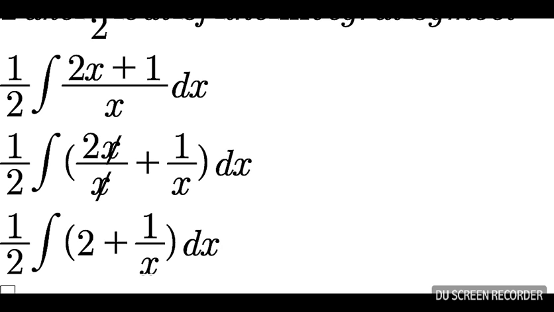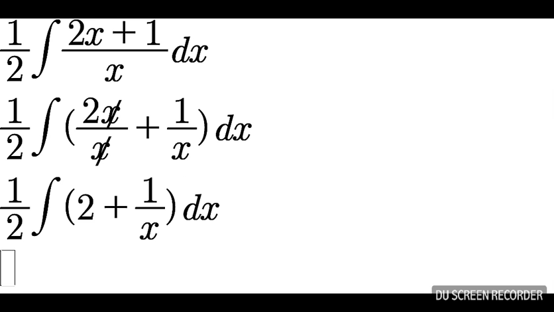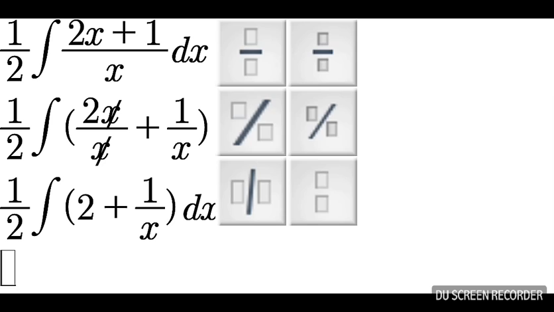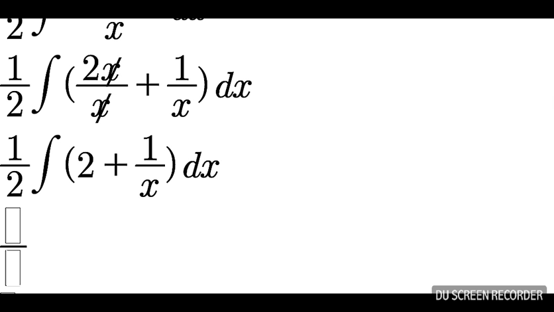All right. So now, let me distribute the x and the integral symbol across the terms, across the whole number and the fractional term. Doing that, I'll have to multiply the half by all of them.